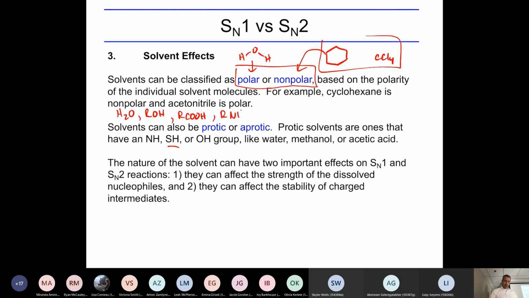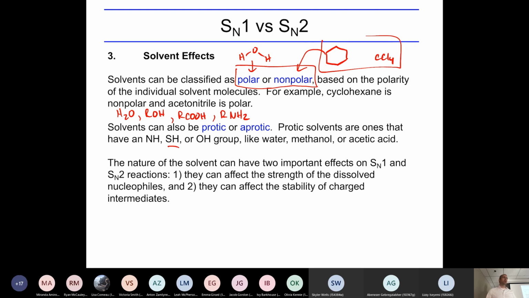Any amine can hydrogen bond. It's a protic solvent as well. And those are probably the majority of the ones that you would come across. If you have a polar solvent that doesn't have a hydrogen bonding hydrogen, then we say it's aprotic.